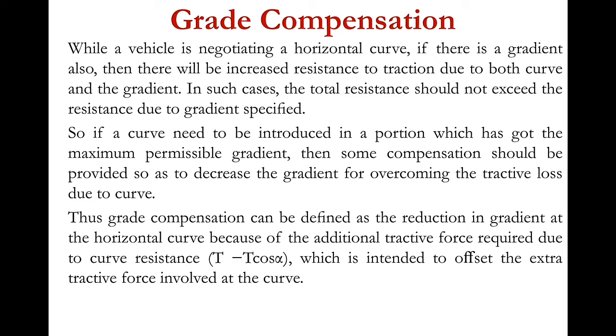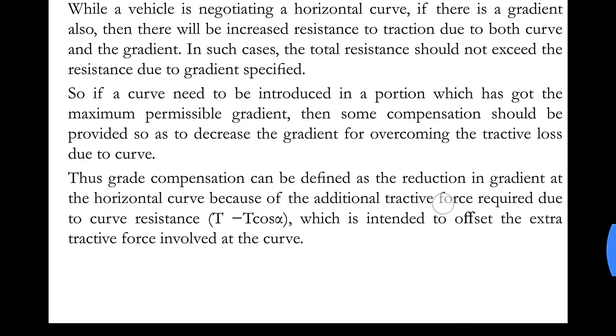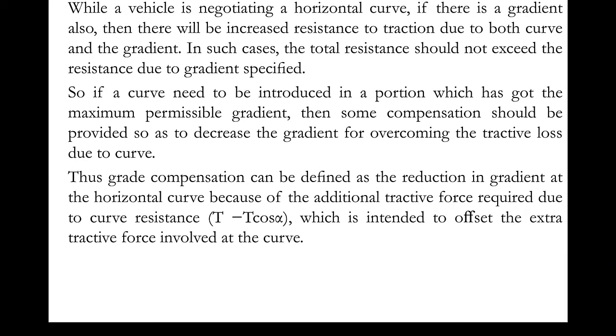If we try to change the alignment, it will incur a huge construction cost. We'll need to break down that road and reconstruct it, which would lead to huge construction costs. Hence, in order to avoid such construction, we lower the gradient values, or we provide gentler gradients.